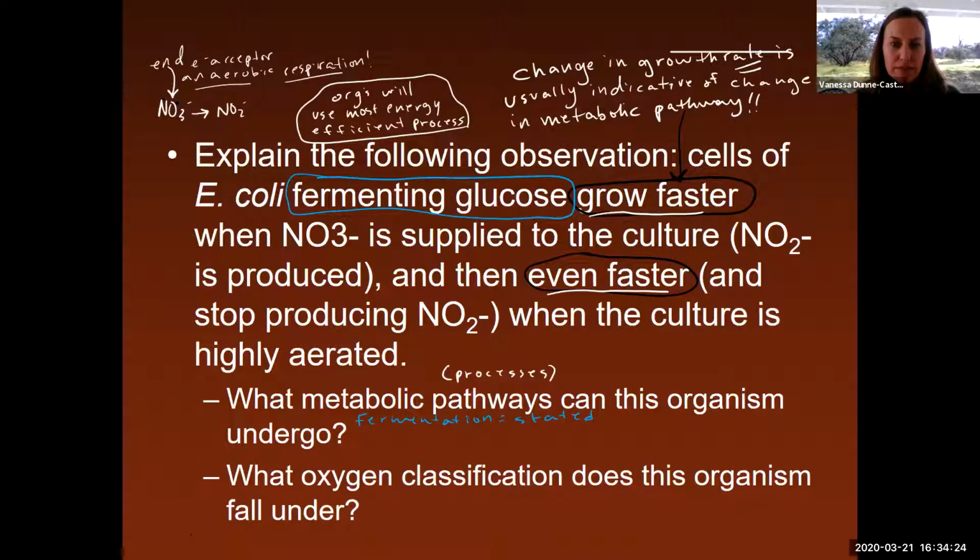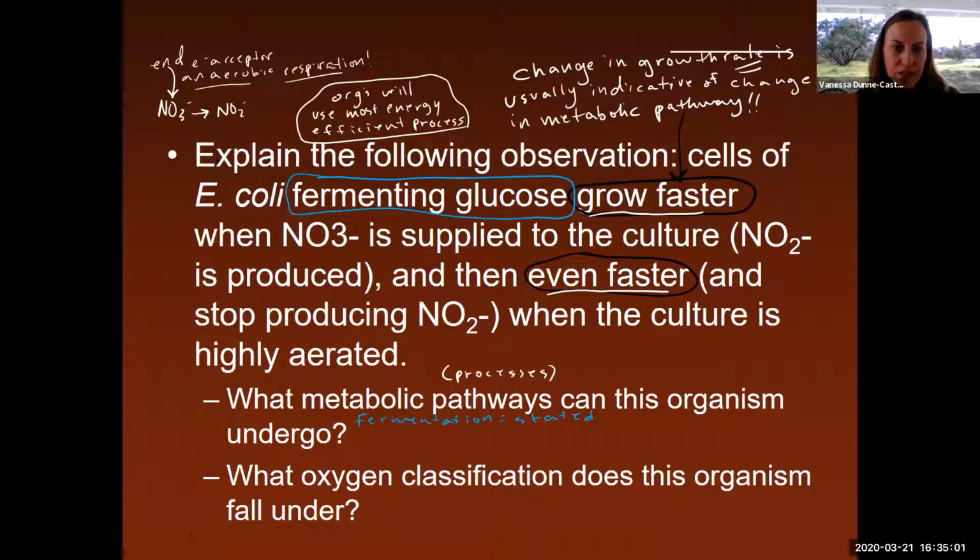Let's keep going then. Cells of E. coli fermenting glucose grow faster, and I just told you this means something different is happening to their metabolic process. So let's see what they're switching to. When NO3 is supplied to the culture and NO2 is produced, this process, which we have already looked at in the classroom, shows that anaerobic respiration is occurring, as nitrate is the terminal electron acceptor in some organisms with that nitrate reductase enzyme.